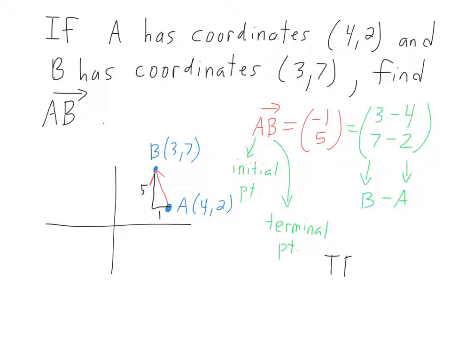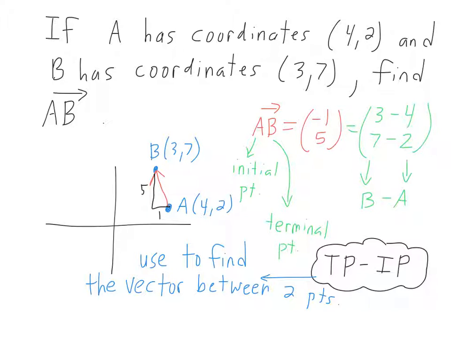It's TP minus IP. This is not given to you, something you have to commit to memory, but it's the idea of the terminal point minus the initial point. You're going to use that anytime you wish to find the vector between 2 points. Let's jot that down.